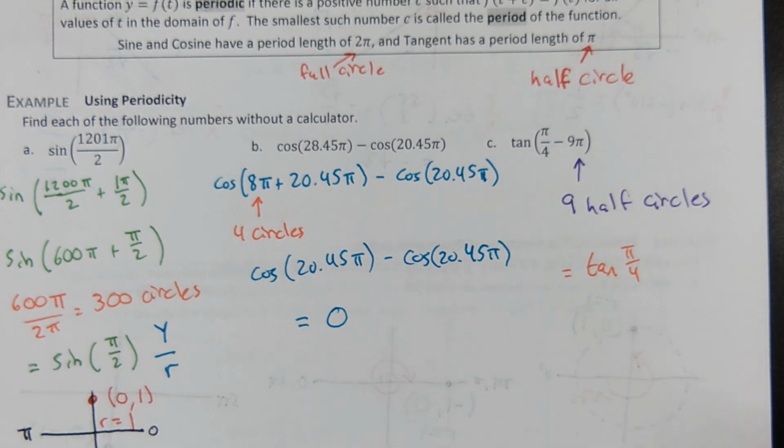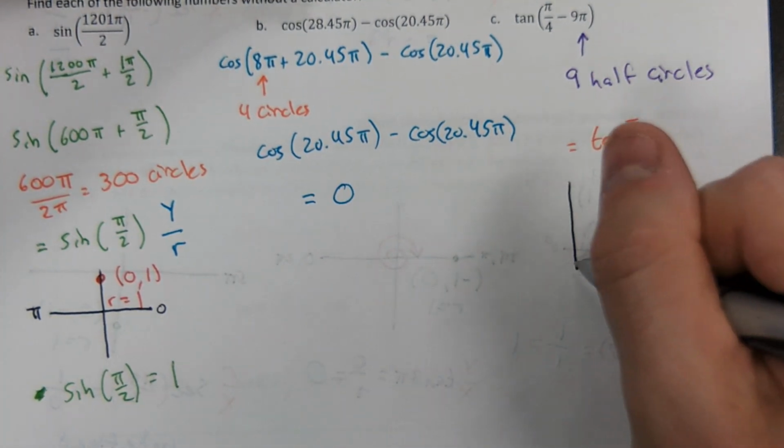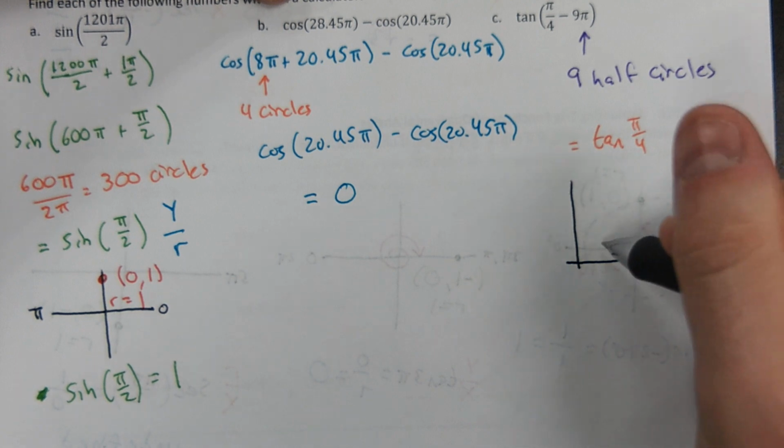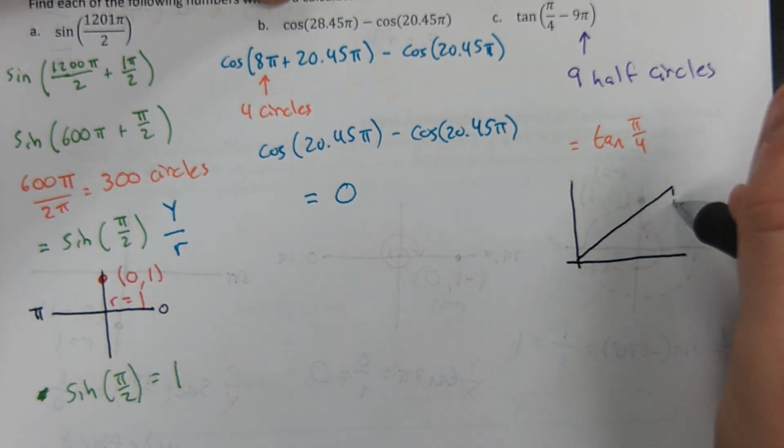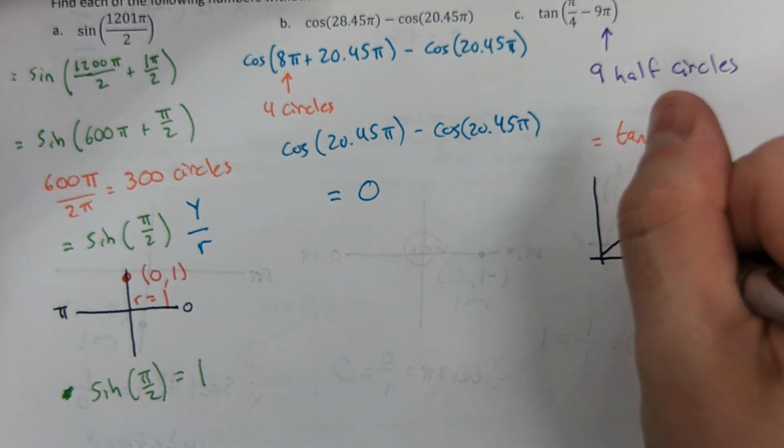Now we just evaluate tangent of pi over 4. Pi over 4 is which quadrant? First quadrant, because it's halfway between 0 and pi over 2. It's quadrant 1. And what is 180 over 4? 45. So this is a 45-degree reference angle.